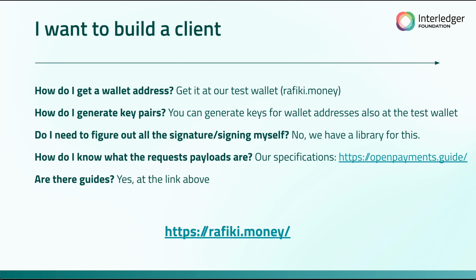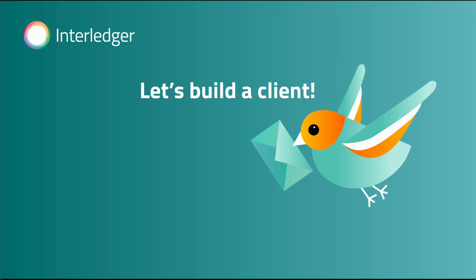So yes, Rafiki Money is our test wallet, and everything can be done through there, and it uses play money essentially as a representative of a test wallet. So that was part one, and we will now proceed to building a client in part two.